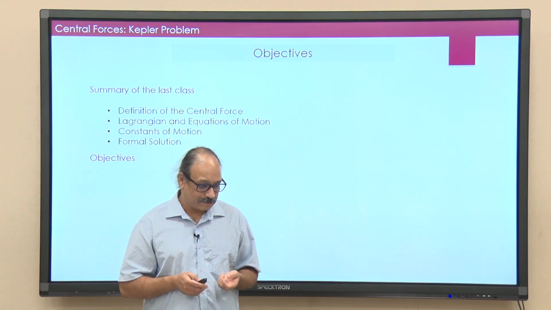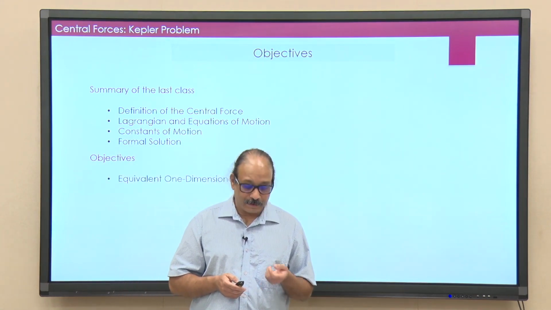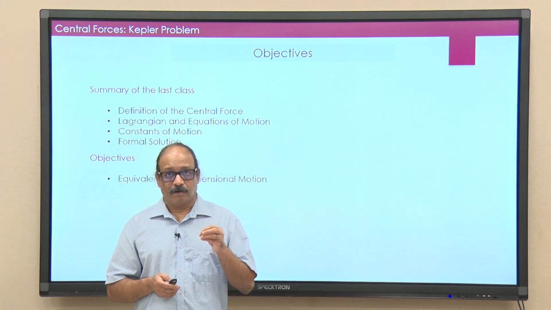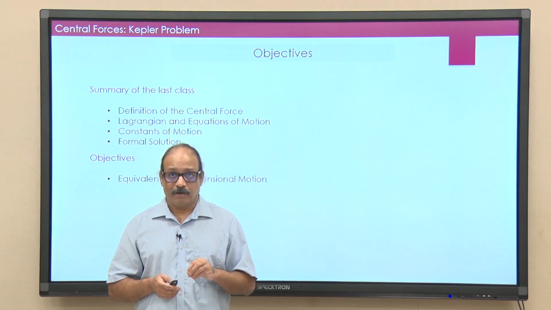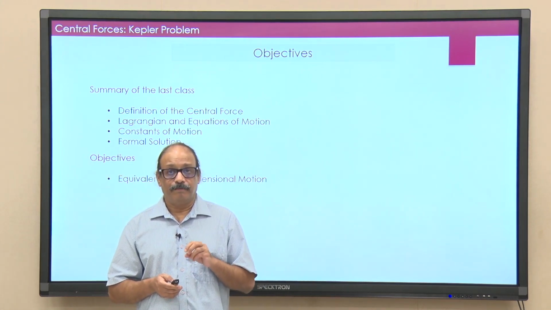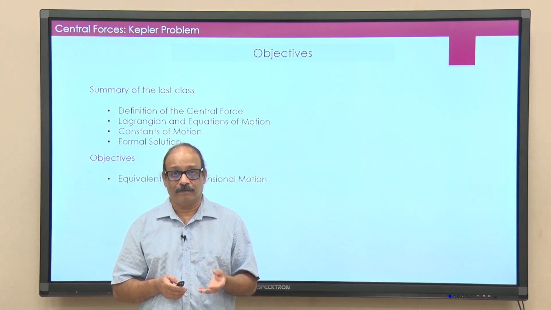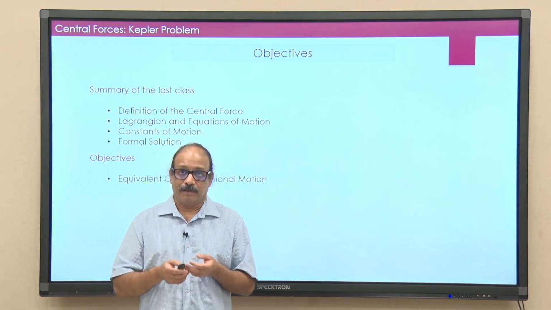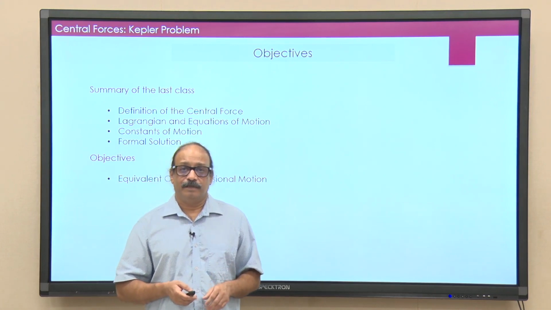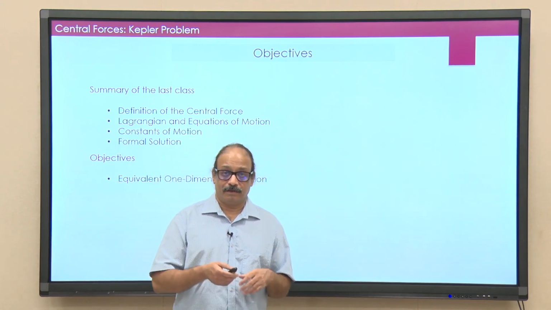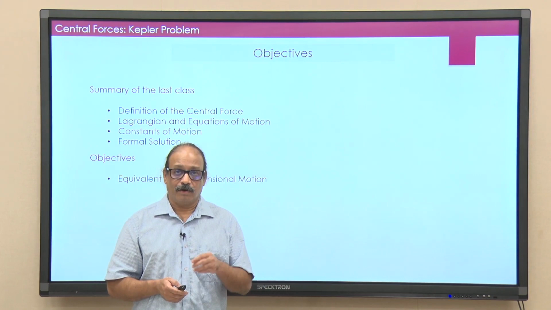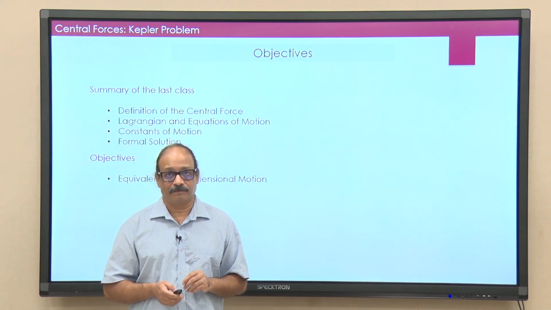So, in today's class what I am going to do is to talk about orbits and how to obtain orbits before you actually do calculations. Okay. So, just by looking at the form of the potential, I should be able to tell you what the orbit would look like, okay, or at least give you some broad features of the orbit.